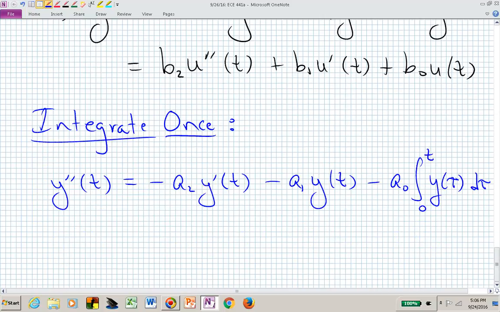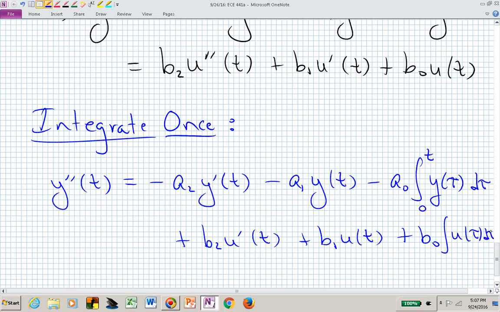That accounts for all of my output variables. Now I have to integrate my input terms. I have b sub 2 u prime of t plus b1 u of t, and since they already were on the right hand side, I don't have a negative sign in front of any of these, plus this b sub 0 integral of u of tau d tau from 0 to t.